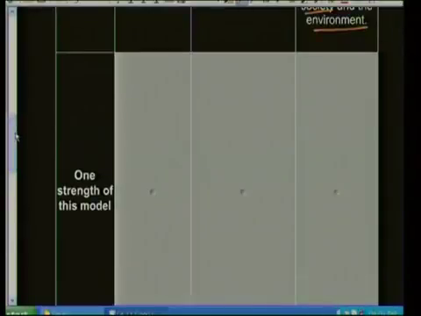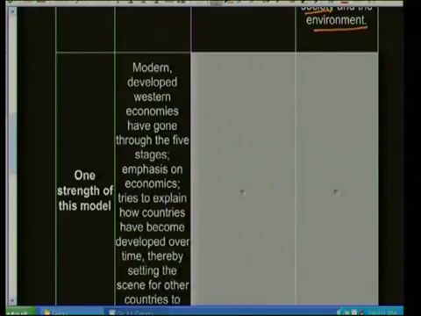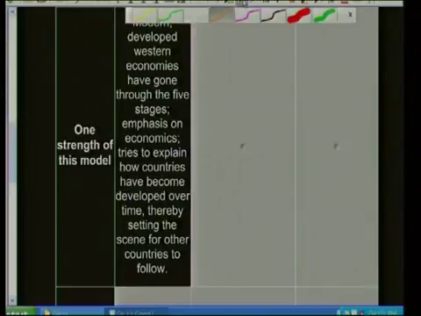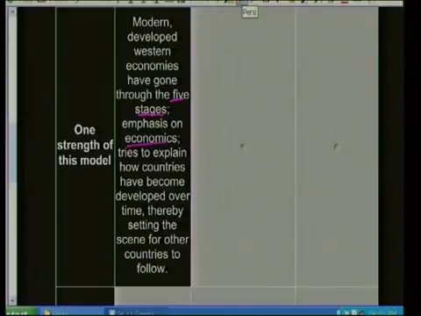If we go and look at the strengths of each of the models, so in other words, what was good about the development of those models? In terms of Rostow's model, okay, it says modern developed Western economies have gone through the 5 stages. Okay, emphasis was on the economics of the country, and it tries to explain how countries become developed over time.